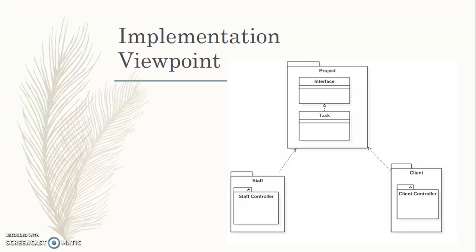As for the project management system, the model is divided into three packages, which are project, staff, and client. For staff and client, the dependencies of these two packages are on the project package.